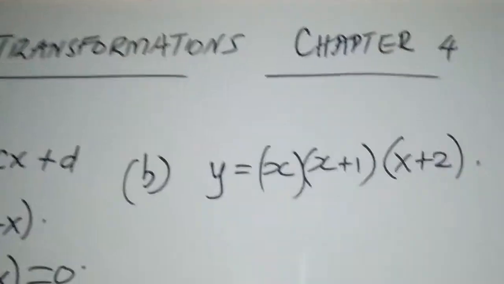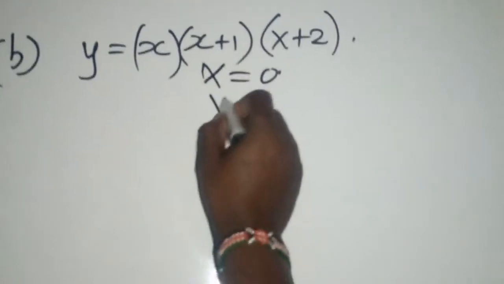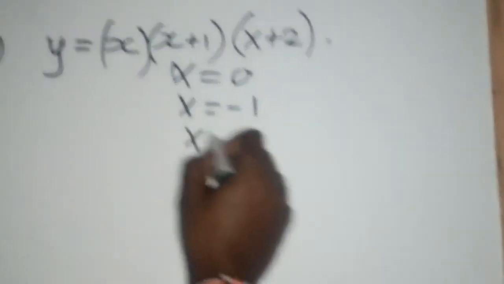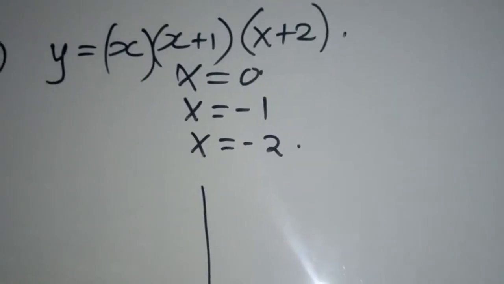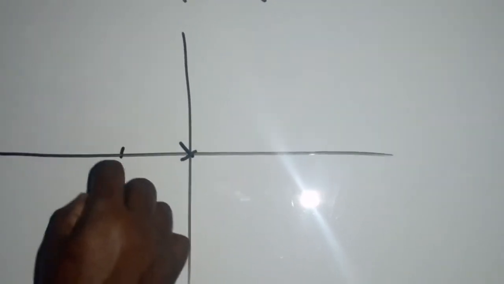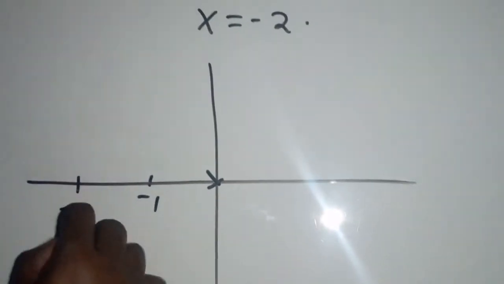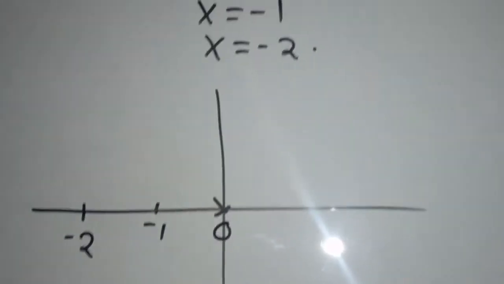So x can be 0, x can be -1, or x can be -2. Before we go anywhere, let us highlight the critical values: 0, -1, and -2. These are the roots of this cubic function.